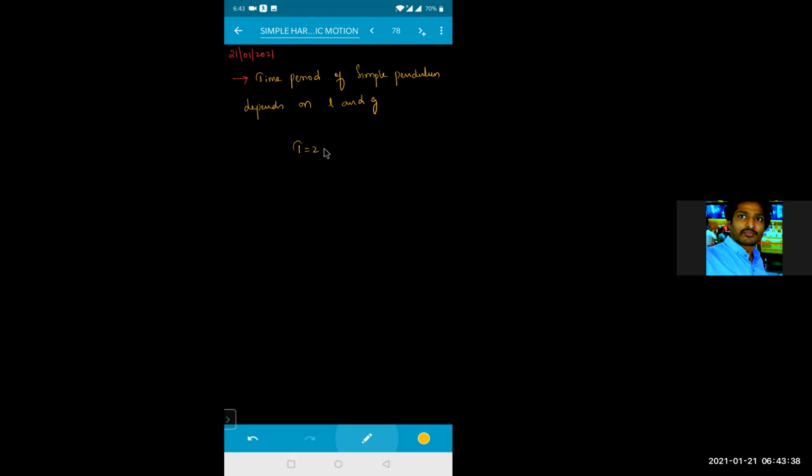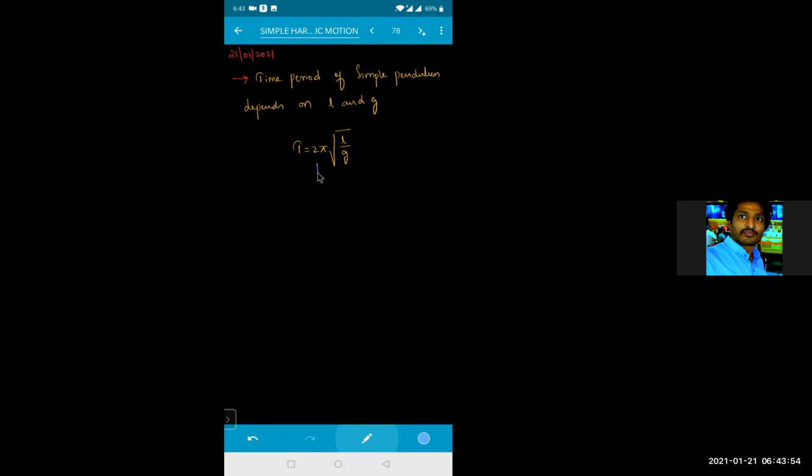So T equals 2 pi under root of L by g. This is your time period. Now from this, I can write the two cases.